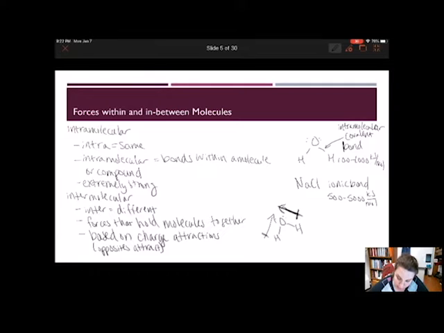So we've got a partial positive charge here. It's going to be attracted to another water molecule. Same thing. This right here would be our intermolecular force.